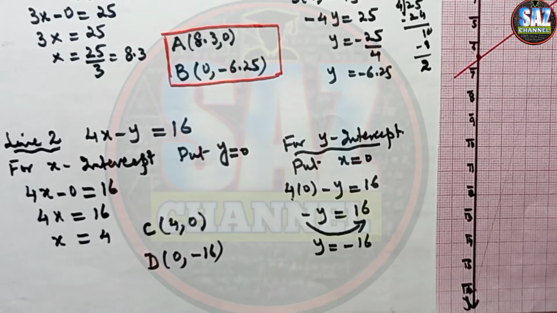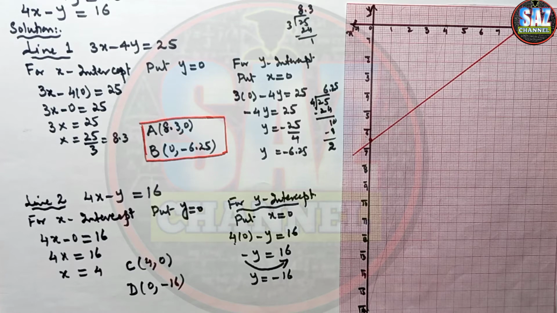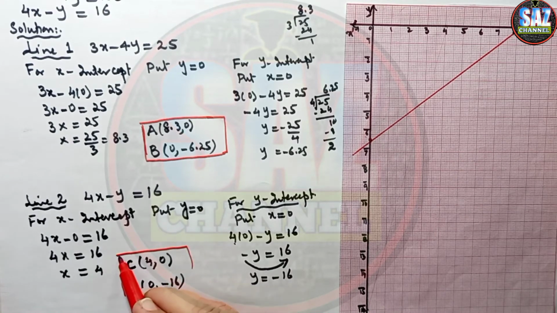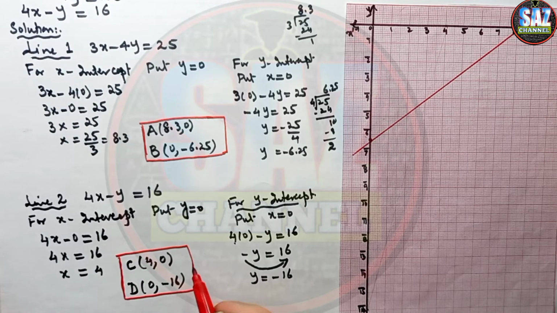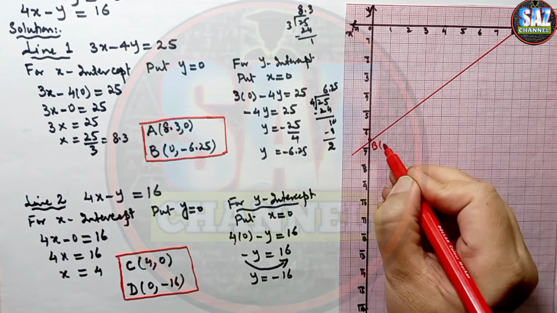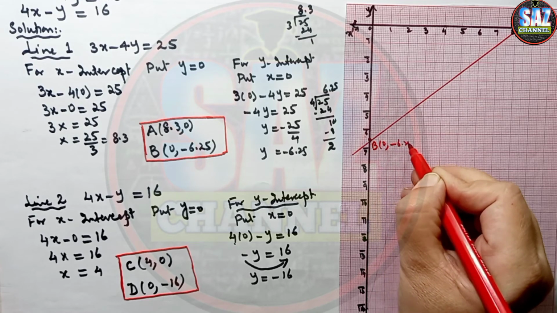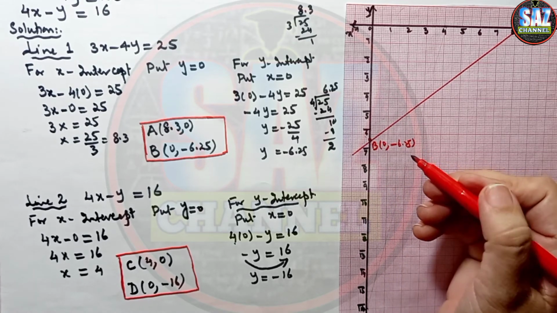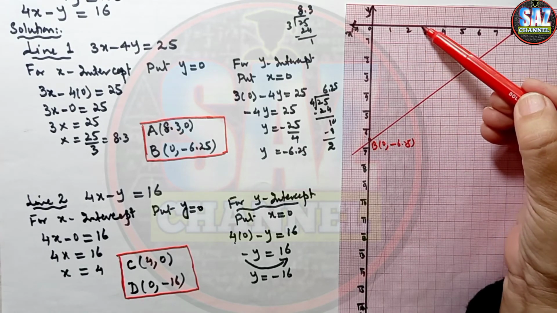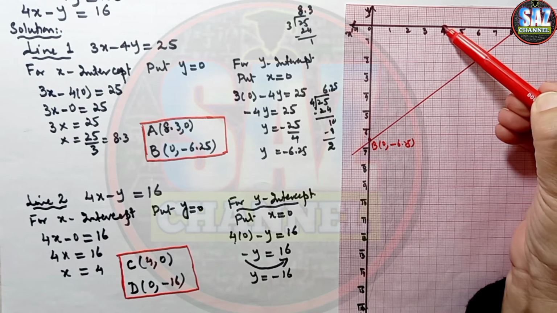Now let's quickly plot these 2 points, and let me first block this answer so that it is visible. This is B, 0 and minus 6.25. Now C is 4 with 0, so I move 4 units on the x-axis and mark the point.